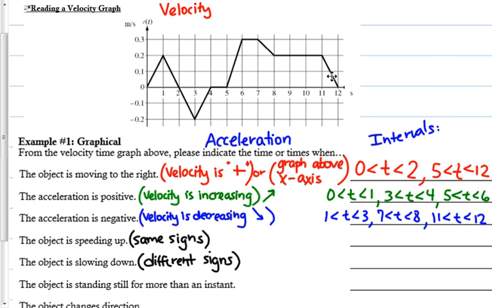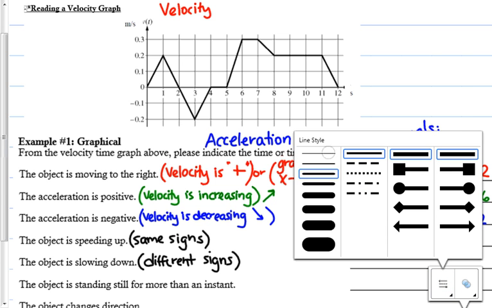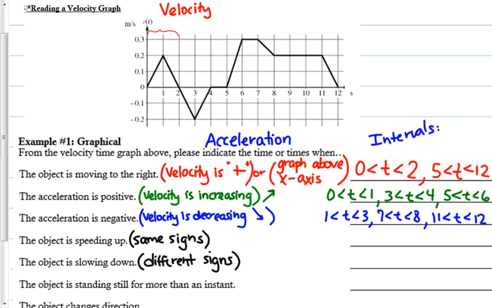So let's see. I'm going to make this thinner. Okay, so velocity, I want to know when it's positive and when it's negative. From here to here, my velocity function is above the x-axis, so it's positive.